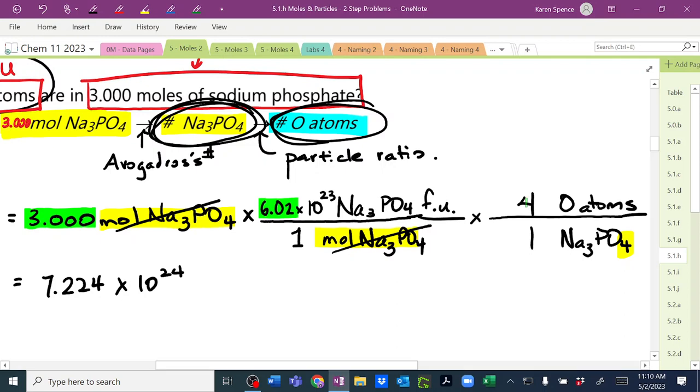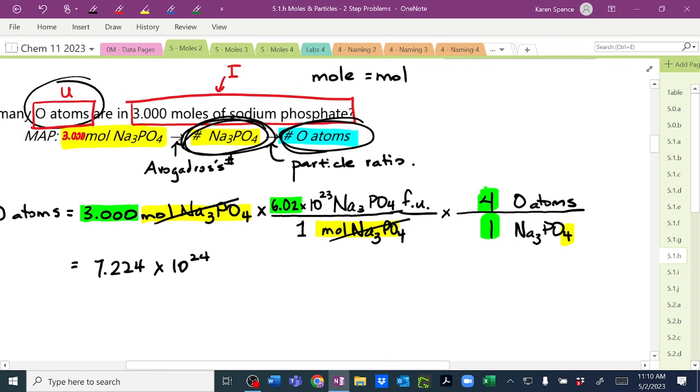Now, what about these guys over here? They have infinite sig figs because we're counting. There are literally exactly 4 oxygens in one of those particles. That's not approximate, okay? So these are exact, therefore they have infinite sig figs. This one has 3 sig figs, this one has 4 sig figs.